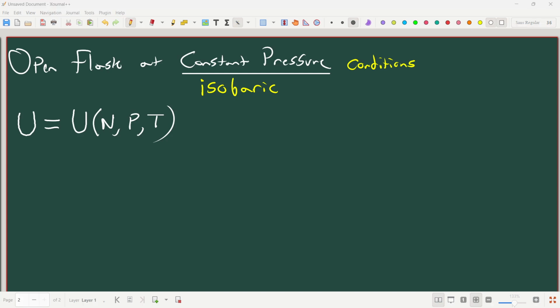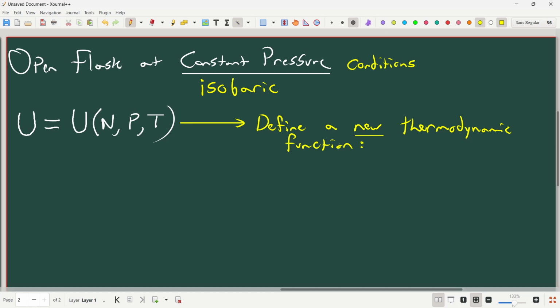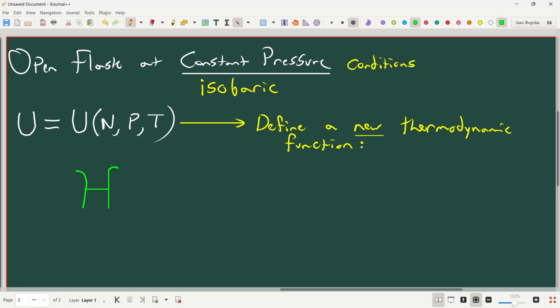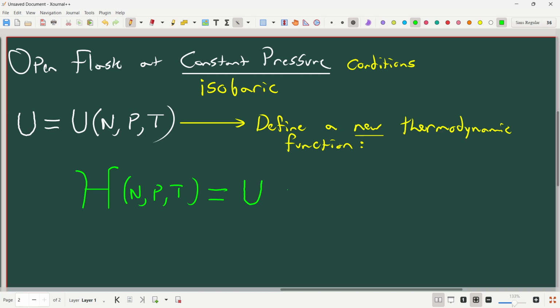So we define a new thermodynamic function, which is called H. This is our new function H, which is a function of n, P, and T, and this is equal to U plus the pressure of the system times the volume.